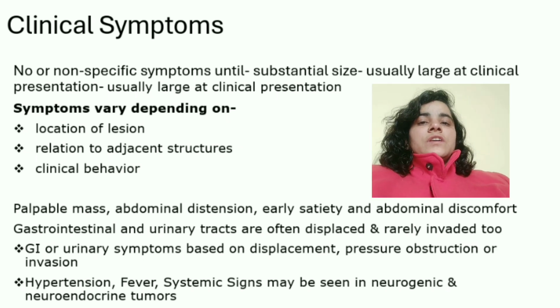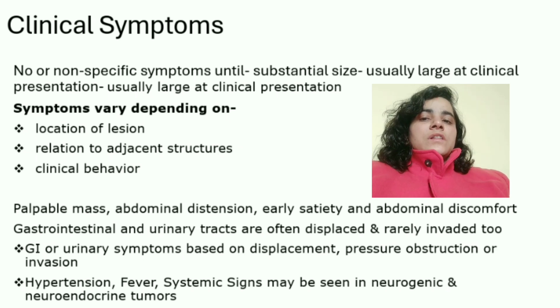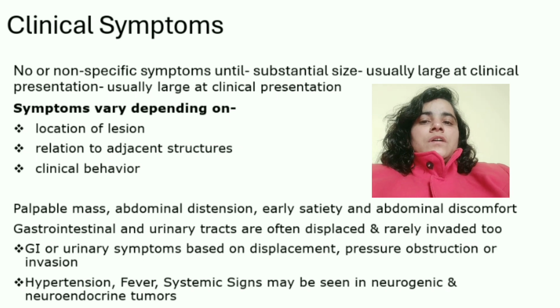Clinical symptoms of these retroperitoneal masses vary, and there may be no or non-specific symptoms for quite long time, until these tumors attain substantial size, then the clinical symptoms appear in the later stage.